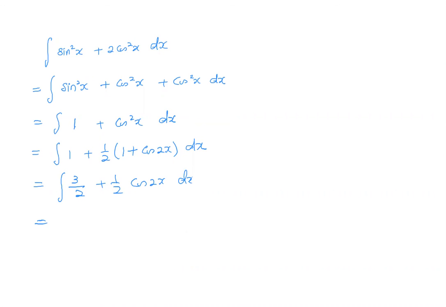Okay, so this is 3 over 2 x plus half. When you integrate cos, what do you get? Sine. Yeah. So you just need to remember all that. Then I have to divide by 2, then plus c.